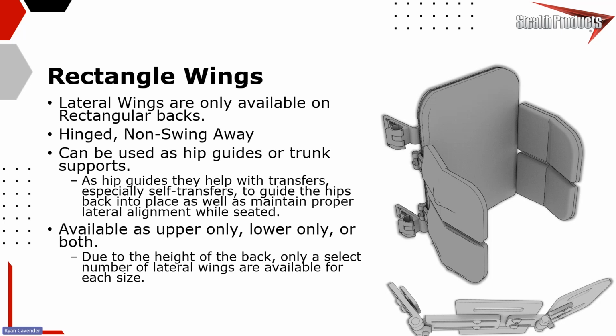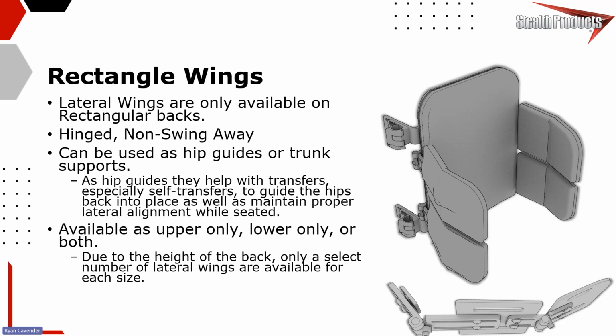Those lateral extension wings, you can use them as lateral hip guides or trunk supports. As hip guides, if you were to place those lower section wings and flare them outward instead of straight forward, they really are good at grabbing the top of the pelvis and keeping that in alignment as you transfer into the backrest.